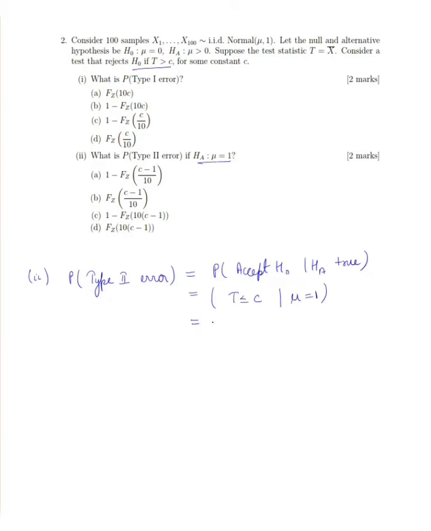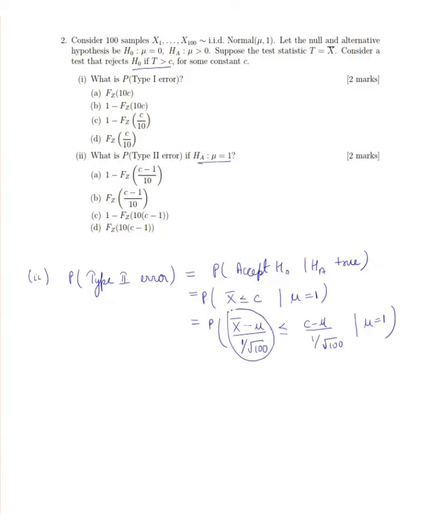So t was taken as x bar. I can just replace t with x bar, and now we will convert this x bar to Z. So the probability that x bar minus mu divided by sigma upon root n, where sigma is 1 divided by root of 100, is less than or equal to c minus mu divided by 1 upon under root of 100, given mu equals 1.